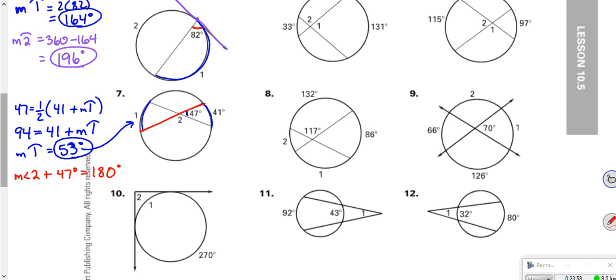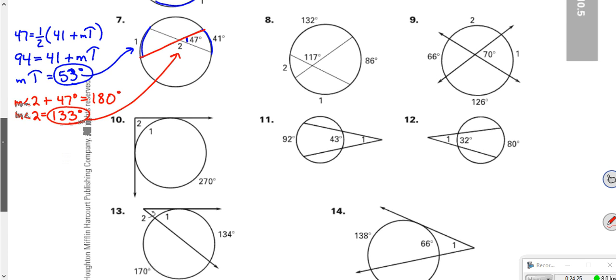They are a linear pair. So the measure of angle 2 is 133. Angle 2 and 47 degrees form a linear pair.